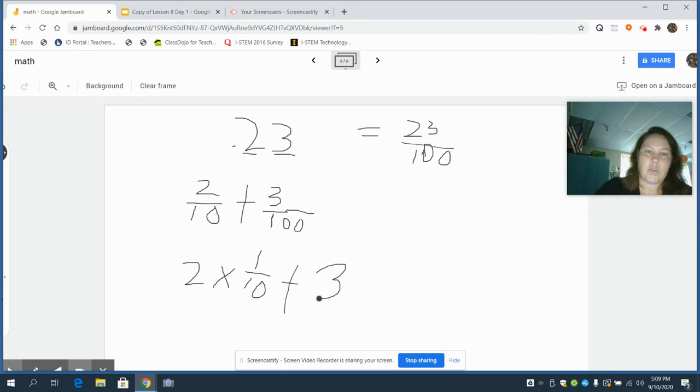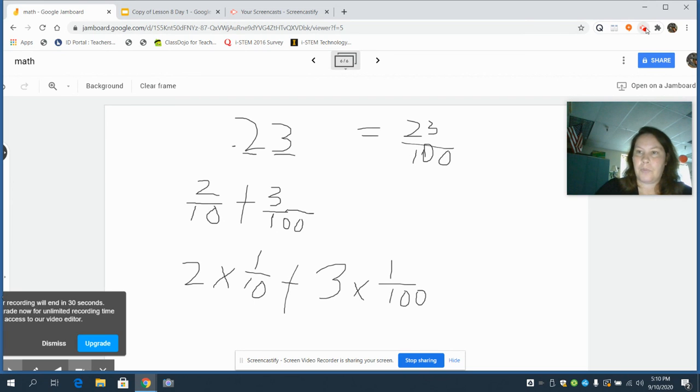You write that, and then you think, okay, what did I have to multiply 3 times to put this digit into the hundredth place value? And you know it's in the hundredth place value, so you had to multiply it times a hundredth, which in fraction form is 1 over 100. So these are the two versions of writing 23 hundredths in expanded fraction form. Go ahead and work on 32 hundredths on the next slide and do the work in your notebook.